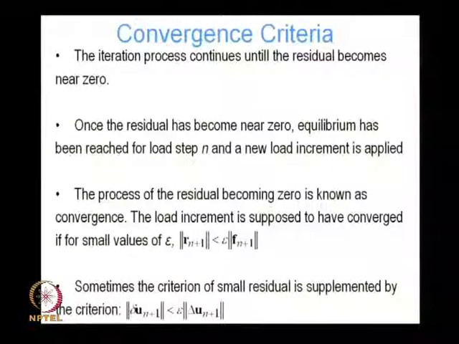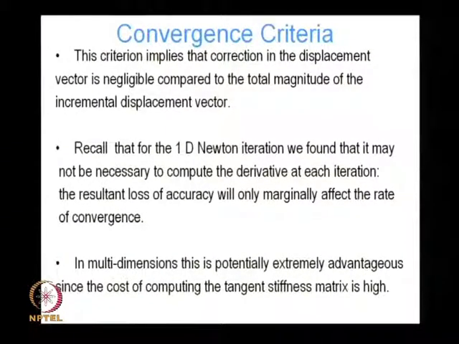That also tells me that the solution is converged, right. So, either the residual criteria or the change in the displacement increment criteria. This criteria implies that the correction in the displacement vector is negligible compared to the total magnitude of the incremental displacement vector. So, that is it.